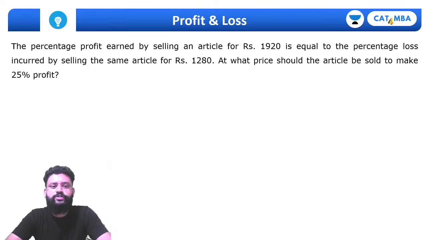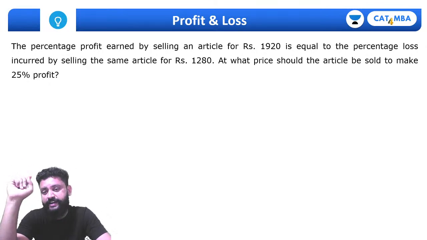Okay, so let's go ahead guys. The percentage profit earned by selling an article for rupees 1920 is equal to the percentage loss incurred by selling the same article for 1280.